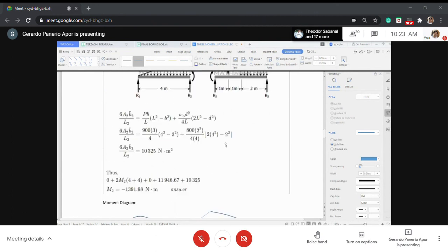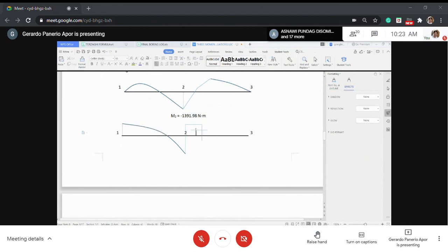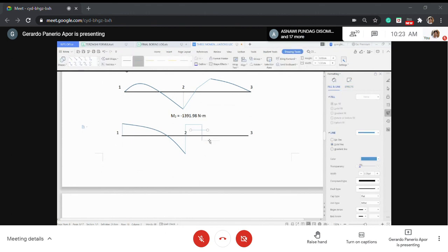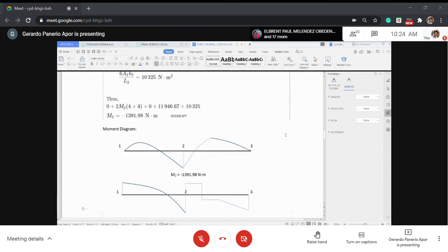Then there's a gap. Yeah, there's a gap somewhere here. Then there's a moment. So your shear diagram must look like this, no?